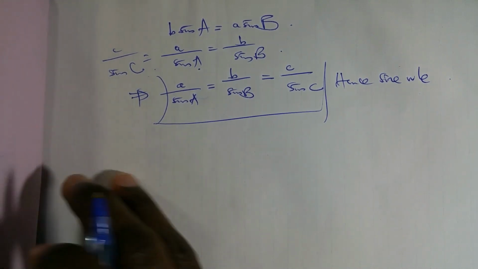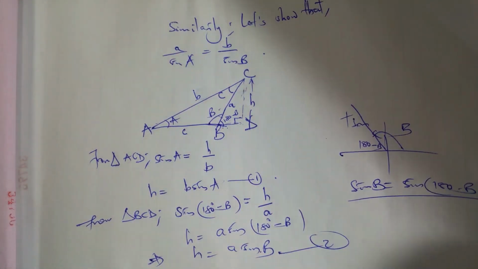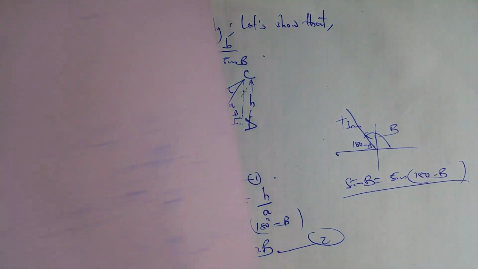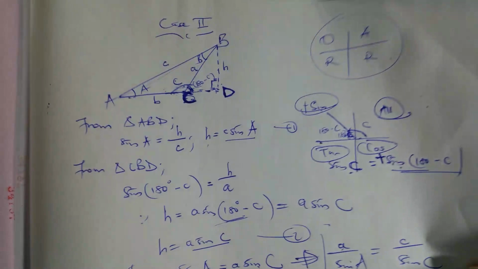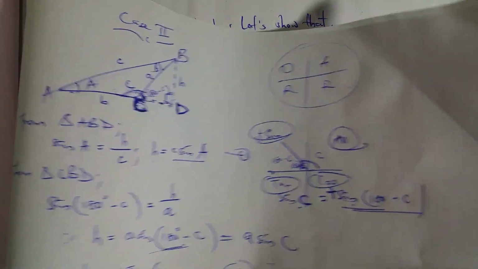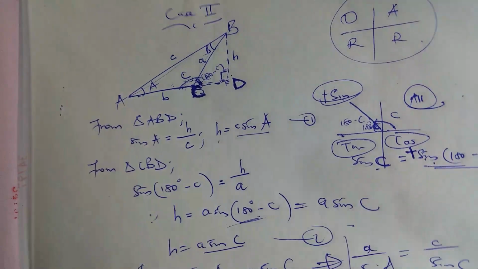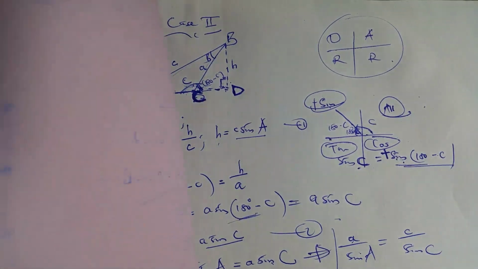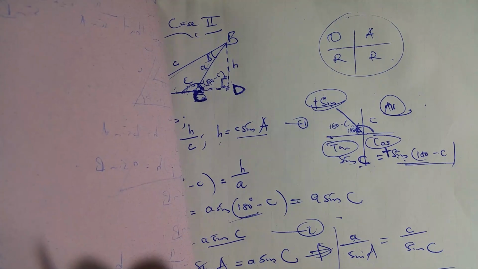And let me give you some conclusion about the sine rule. You need to observe this. Let's start from the first triangle that we looked at. No, this is not the first. This was case 2. Let's check on the first case that we looked at.